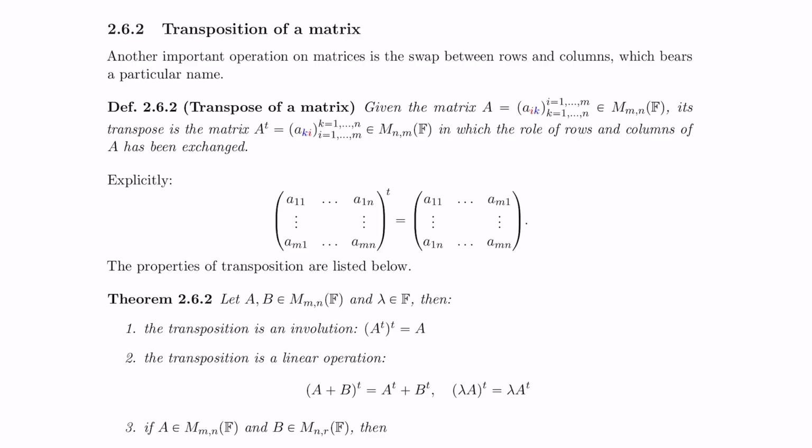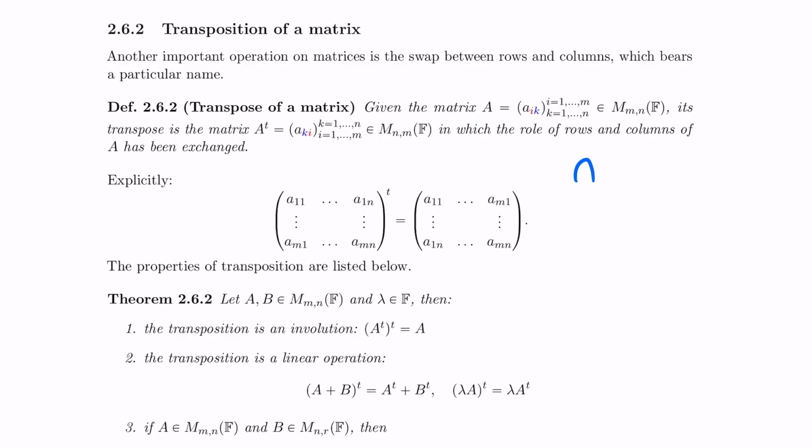There is another important operation on matrices, which is called transposition and consists in swapping rows and columns. Formally, given this matrix here, its transpose matrix is denoted with this symbol, and it's the matrix which has rows and columns of A inverted.